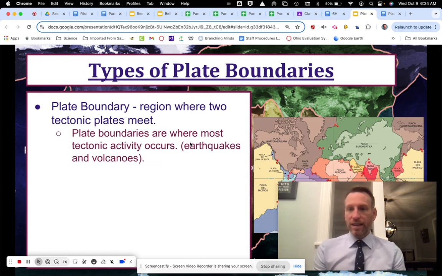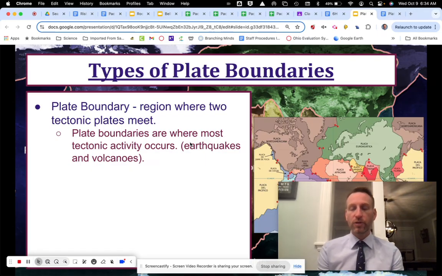All right, we're going to talk a lot about the effect of these plate boundaries. In fact, that's the main objective of learning about these: how they affect Earth's surface, and what some of the effects are that they can cause to not only shape Earth's surface, but also impact human life for people living in those areas. So, plate boundaries are the area on this planet where most tectonic activity occurs.